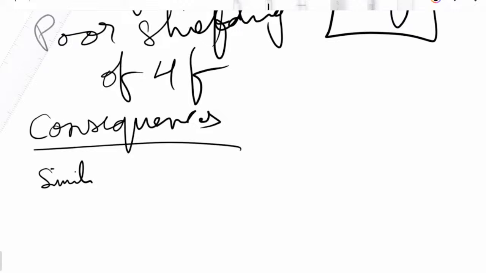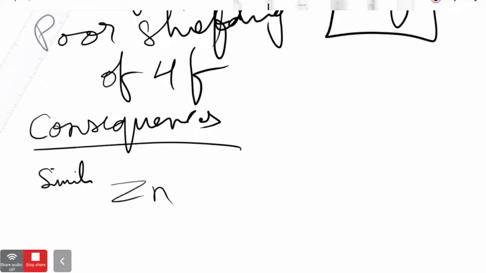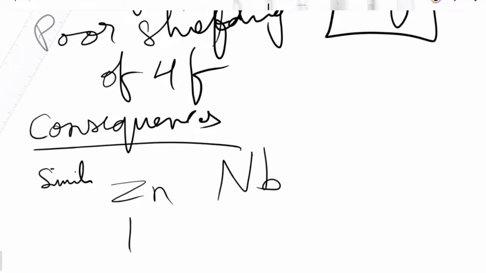That is Zr and Nb, they both have similar size, and Hf and Ta have similar size. This is one of the consequences.